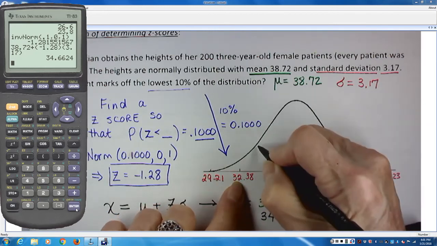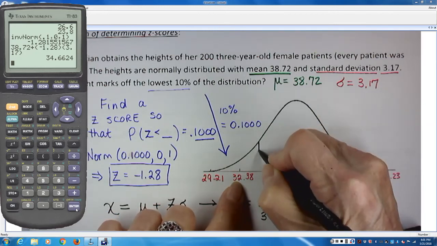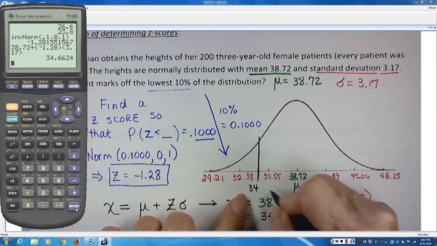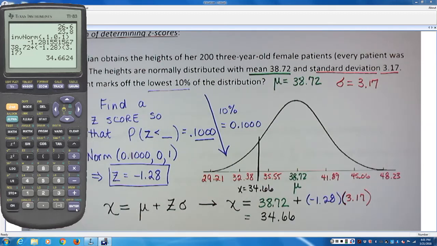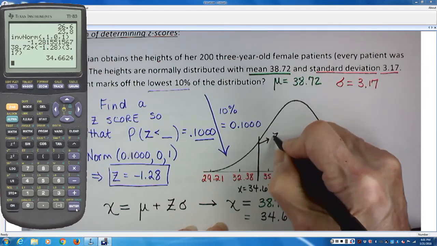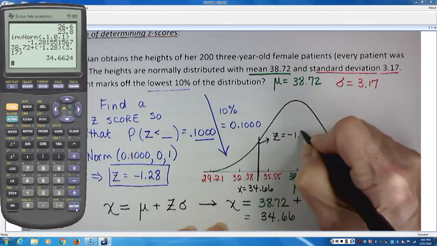So somewhere along here, that's the weight, but this is also the same as a z-score of negative 1.28.